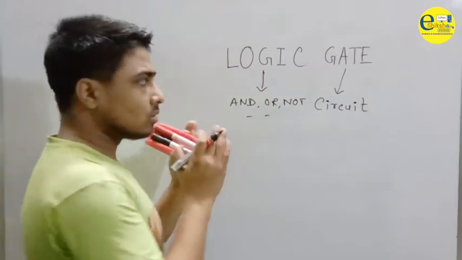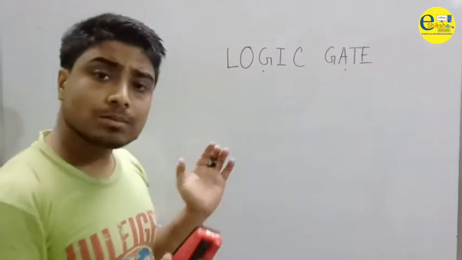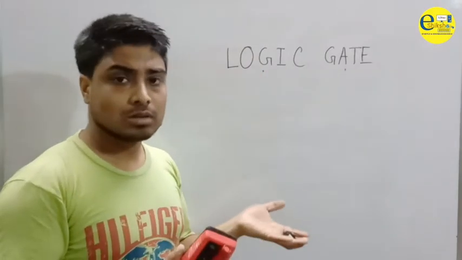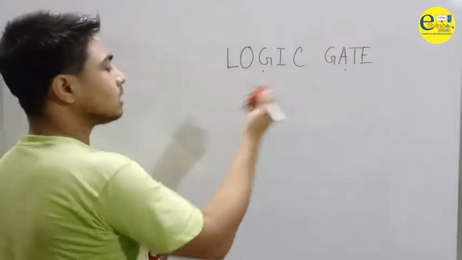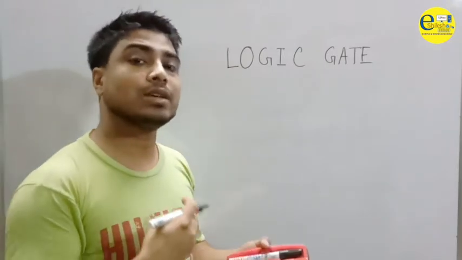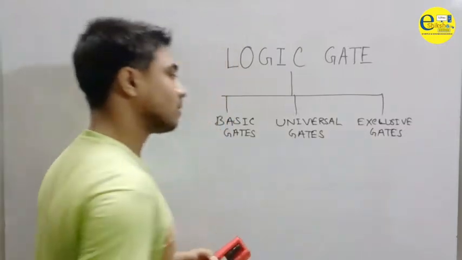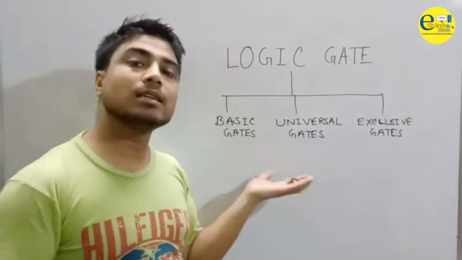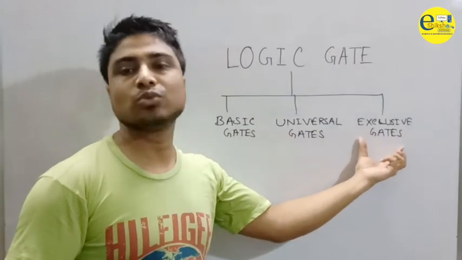So logic gates imply some circuit that is imposed upon some logical operation. Logic gates are categorized into three categories: basic gates, universal gates, and exclusive gates.